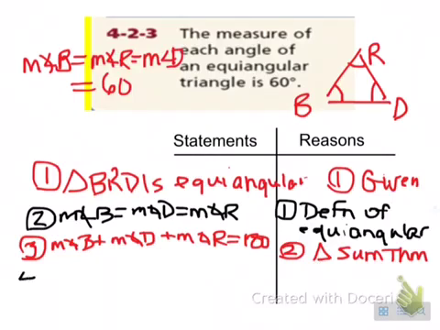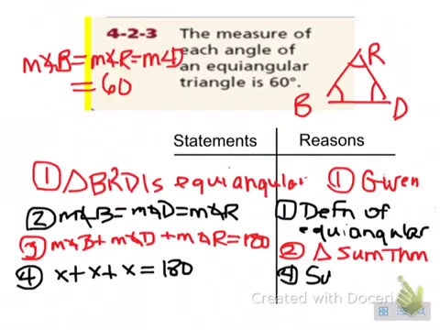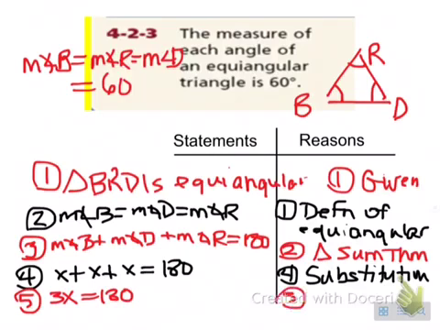And if I know they're all equal, I can let them equal x, by substitution. So if I combine my like terms, that's going to give me 3x equals 180 by combining like terms. And then I could divide both sides by 3.